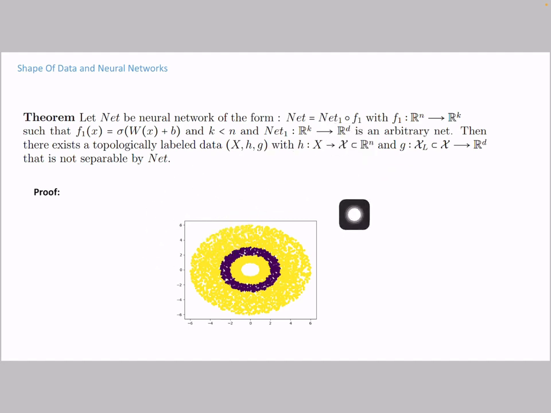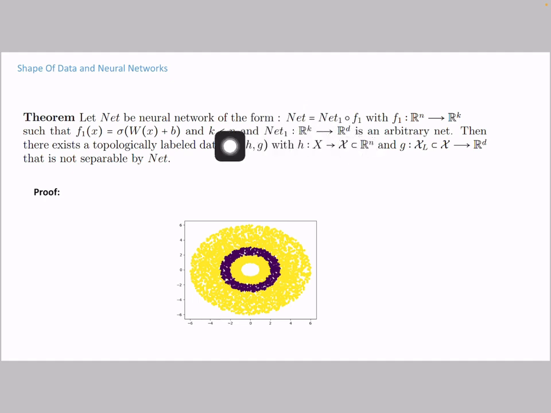And to show you that this interaction is non-trivial, I'm going to state a theorem that seems obvious, but we think it is generalizable to any neural network. We're going to talk about this a little bit at the end. I'm going to choose a neural network with a specific architecture. I'm going to force the first function to go from R^n to R^k, where k is a dimension less than n, and let net1 be arbitrary.